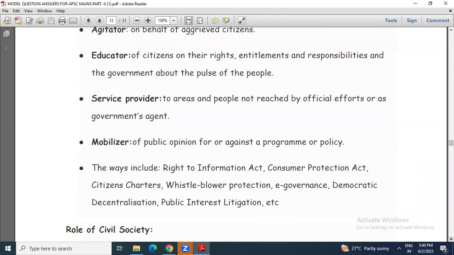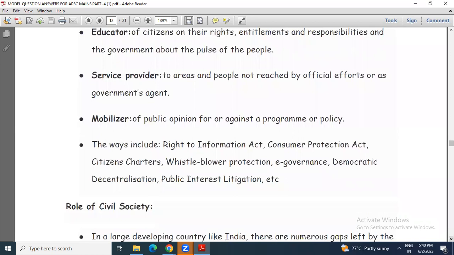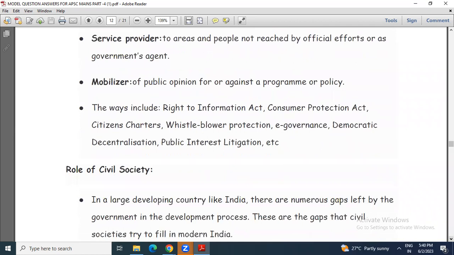Educator of citizens on their rights, entitlements and responsibilities, and of the government about the pulse of the people. Service provider to areas and people not reached by official efforts, or as the government's agent. Mobilizer of public opinion for or against a program or policy.